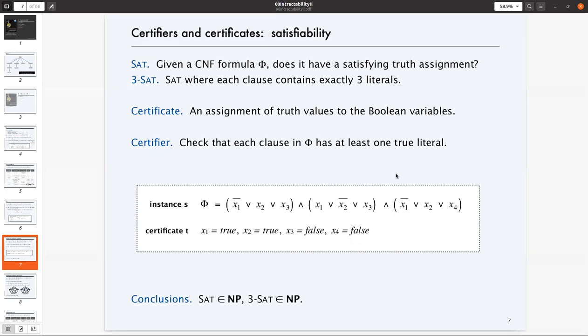What is the thing you are going to provide? So if I select vertex A, if vertex A belongs to the vertex cover, then I add all of the edges of A to the certificate as well.